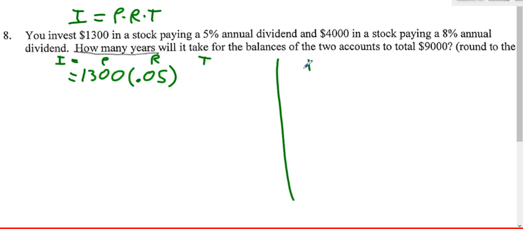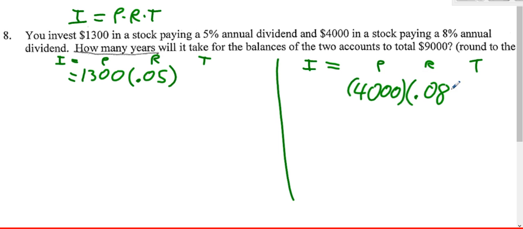The other account, we have interest equals principal, rate, and time. Second account, we have $4,000. The rate is 8%, so 0.08. How many years? So that means T is what we're solving for, so we put the x there. What will it take for the balances of the two accounts to total $9,000?